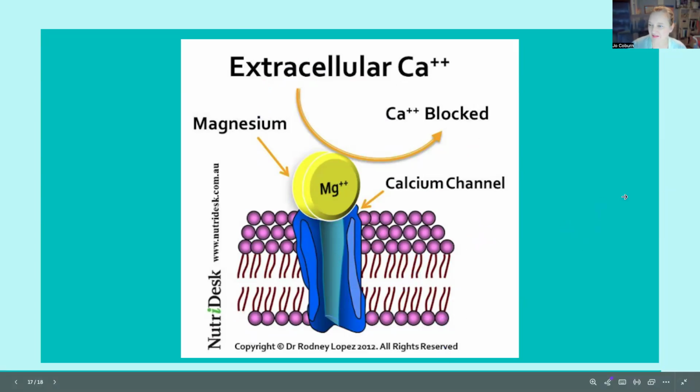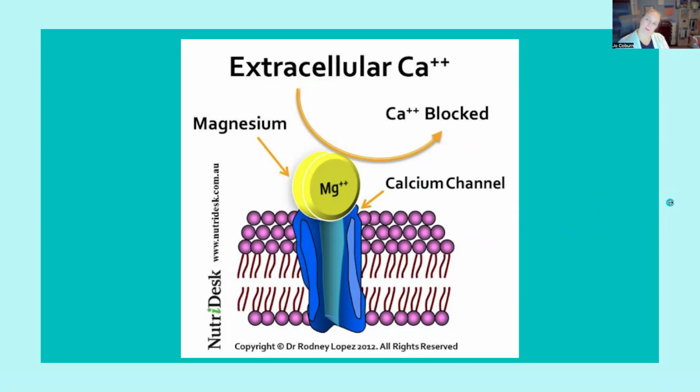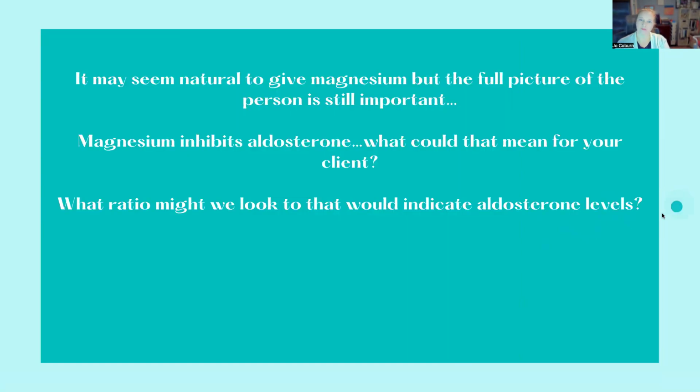So again, that explains why magnesium is acting as a calcium blocker there, right? Right. So that's part of why magnesium is so essential when you have hypertension, to make sure there's not a deficiency there. It may seem natural to give magnesium, but the full picture of the person is still important, right?